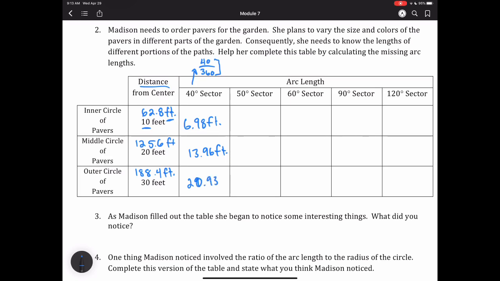So now you can go ahead and fill out the rest of this by using fractions of the circle times the circumference, okay? Like this one will be 50 degrees over 360, and then it will continue on in that same fashion as you continue to the right. So go ahead and pause the video and fill all of those out.